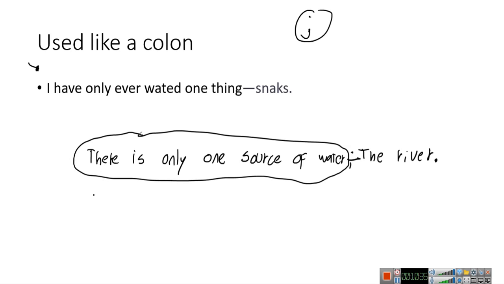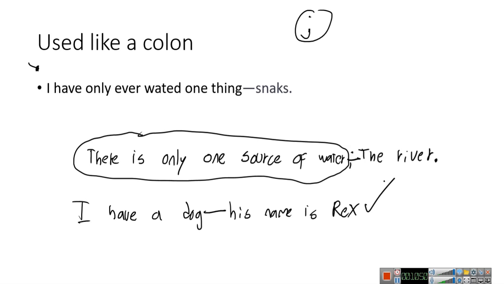That's a good example. I have a dog, colon, his name, Rex. You got it. That's a good example.